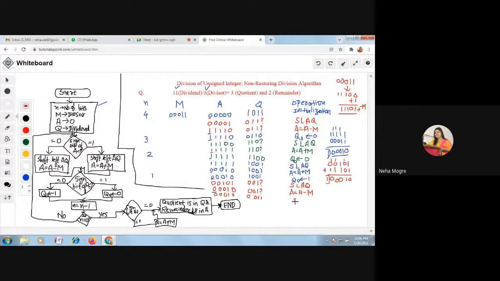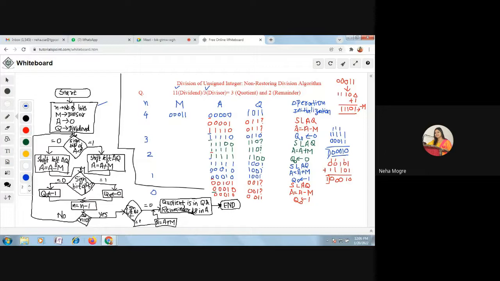Okay, so we are replacing the value of Q0 by 1. Okay, after doing this, decrement the value of N by 1. So it was 1, now it is 0. Right?